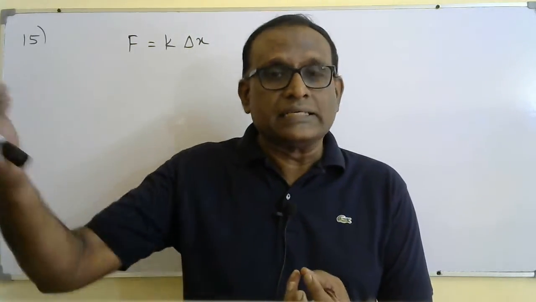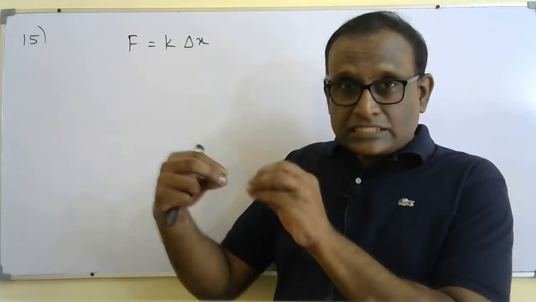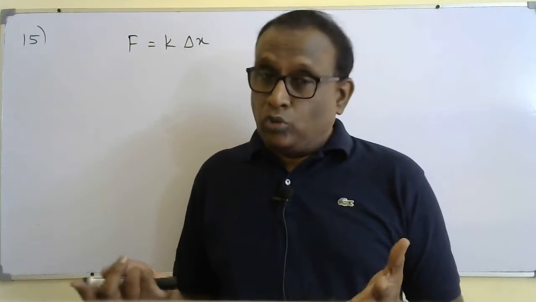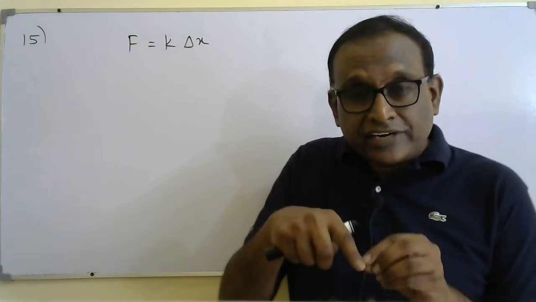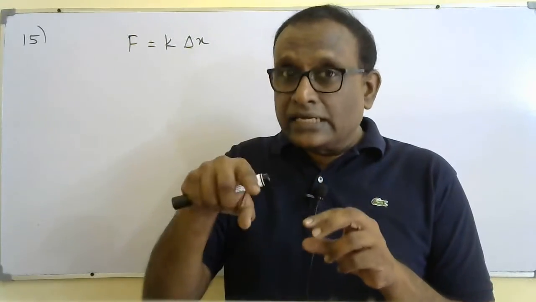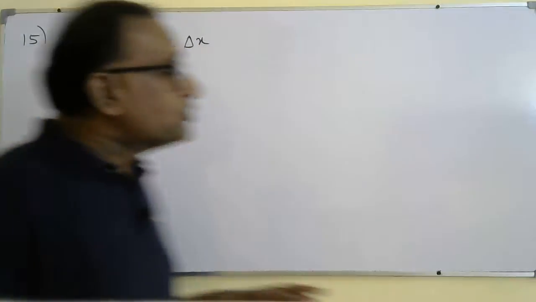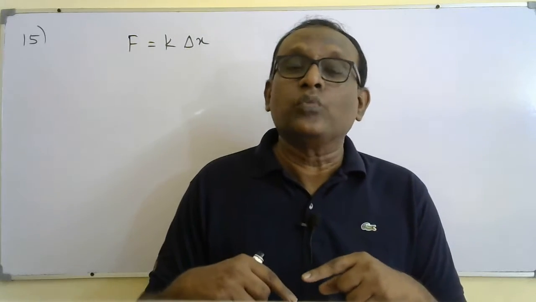But this force F is the force given by the spring to the wheel, so the rate of rotation will be more. So simply we can say a higher rate of rotation means the friction between the wheel and the floor or ground will be higher.